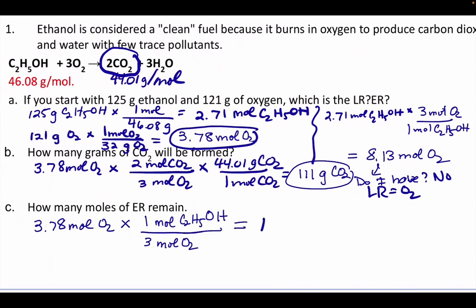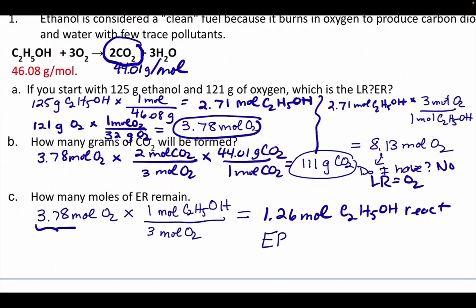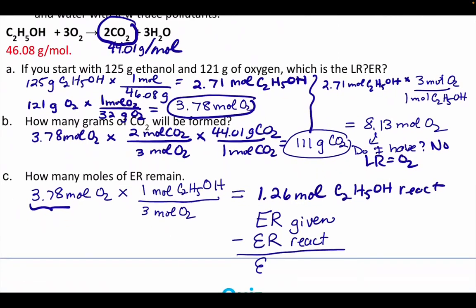So by doing what I'm doing right now, I'm saying if I react 3.78 moles of O2, I'm going to use up 1.26 moles of ethanol. So that's how much will really react. Once I know that, then I take my excess reactant amount that I'm given in the question, and I subtract the excess reactant amount that will actually react. And then that'll tell me how much excess reactant there really is.